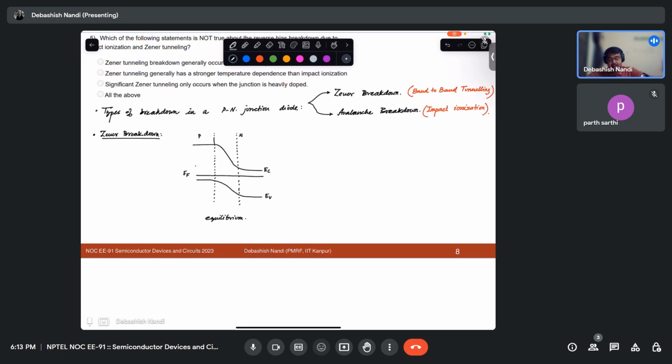Now, when we apply reverse bias, let's say this is P, this is N. Reverse bias means there will be negative voltage on the P side and positive voltage on the N side, right? So how will the band shift? P bands will move upwards due to the negative potential, and the N side bands will move down. So we will have a situation something like this.